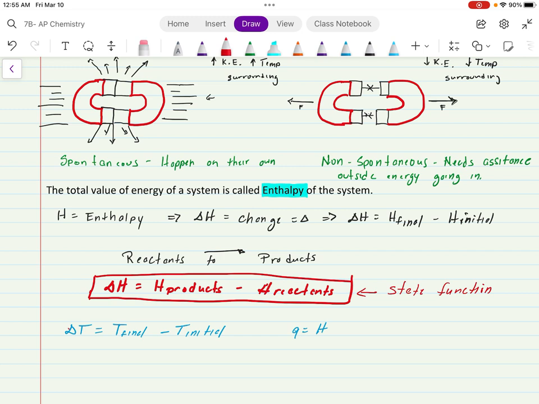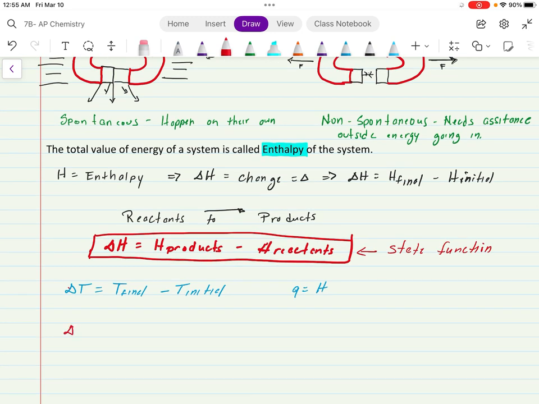So if we have delta H as positive, then we can say that that is an exothermic reaction or change, right? An exothermic change. If, however, your enthalpy of the system after you do products minus reactants ends up being in the, sorry guys, made a mistake here. This is supposed to be negative.